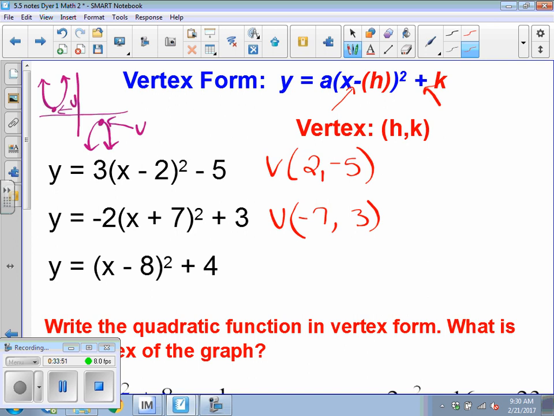All right, what about the last one? What's my vertex? +8 and +4. It got shifted to the right 8 and up 4. And our second one was reflected because that A is negative. Oh, I just said reflection. This is a stretch. When A is larger than 1, it's a stretch.